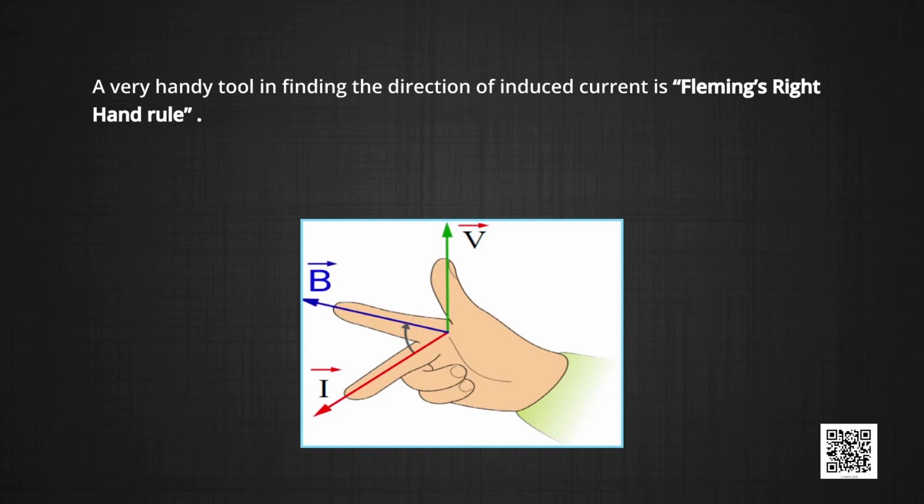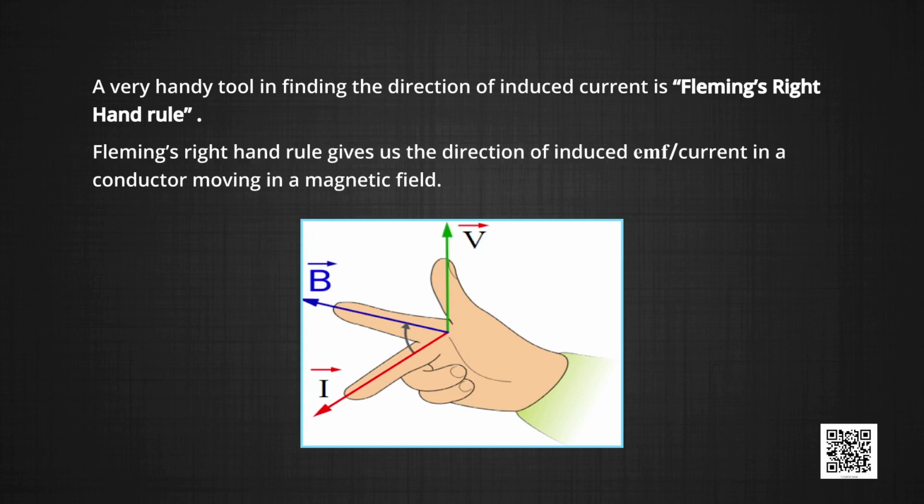A very handy tool in finding the direction of the induced current is Fleming's right-hand rule. Fleming's right-hand rule gives us the direction of induced EMF in a conductor moving in a magnetic field.